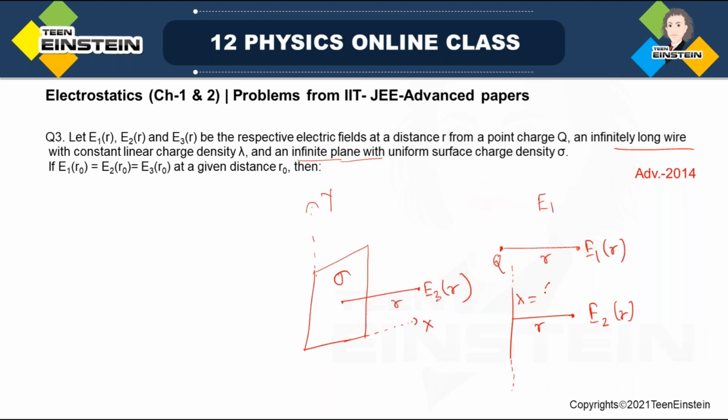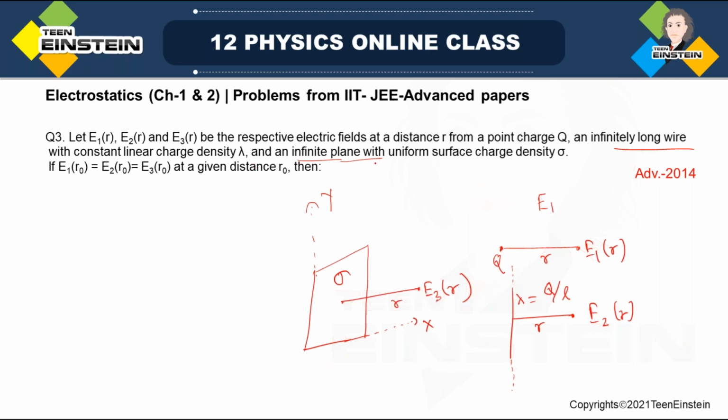This is linear charge density, that means Q by L. If L is the finite length, you can say lambda is equal to Q by L. Anyway, for our discussion purpose, we will take lambda, charge per unit length, for calculating charges.